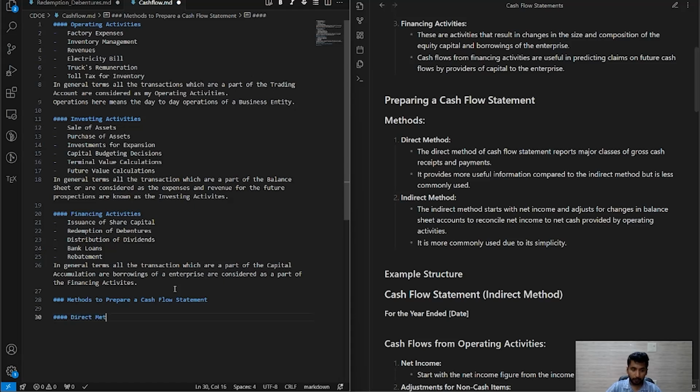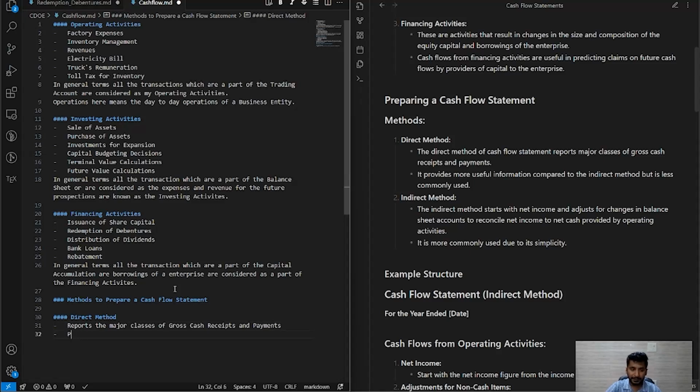First of all is the direct method. In the direct method, it reports the major classes of gross cash receipts and payments.